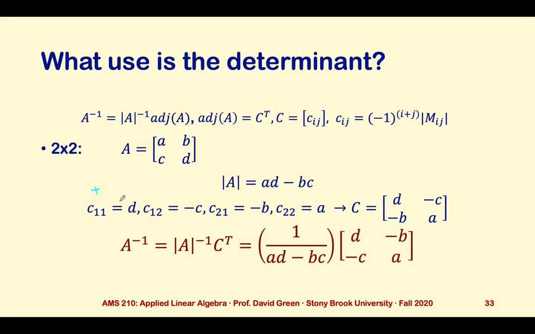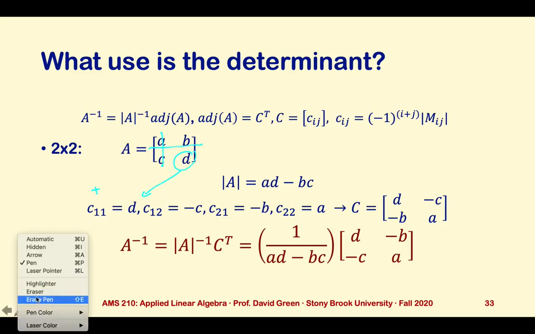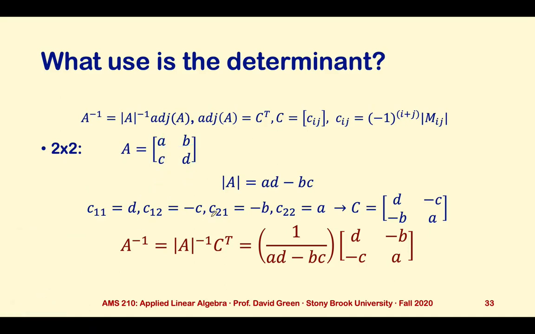We delete the first row and the first column, leaving us D. For the 1, 2 entry, first row, second column, we delete the first row and the second column, we're left with C. But 1 plus 2 is an odd number, so it's negative. We end up with negative C.